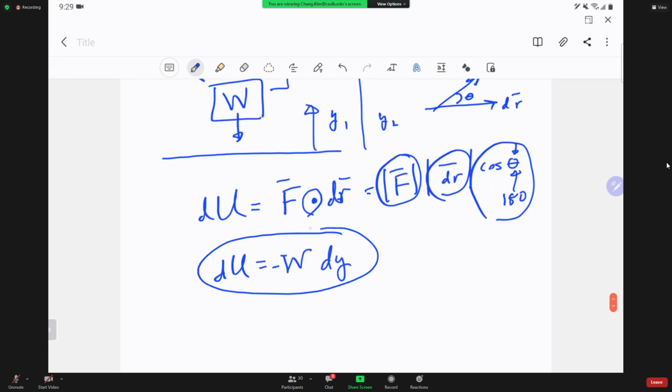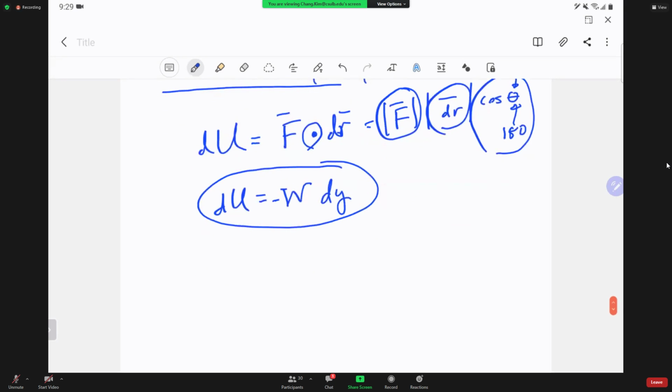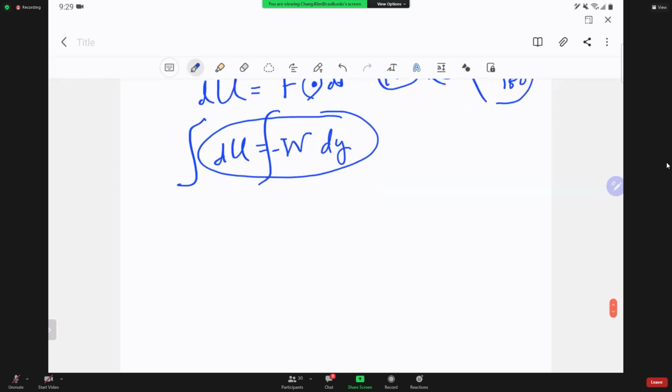So this is the work done by trying to raise the weight from y1 to y2. I'm going to go ahead and take the integration of it from the position 1, y1, to y2.